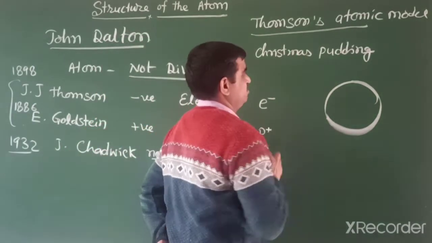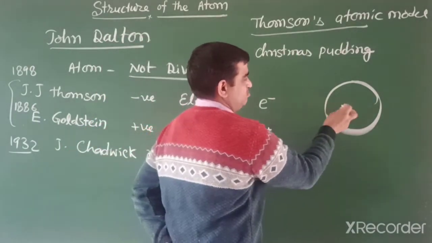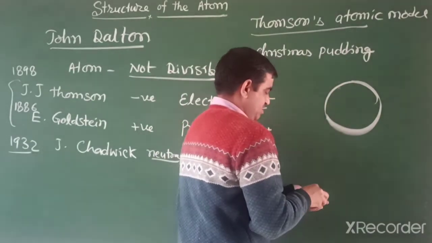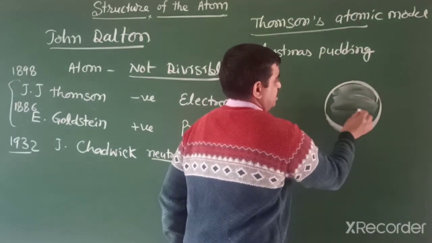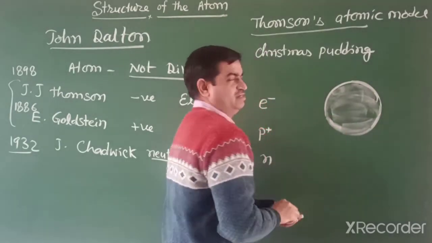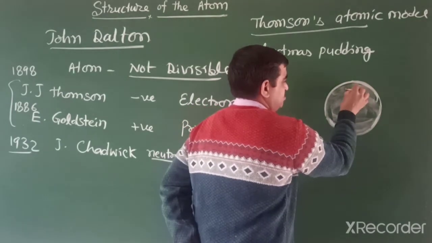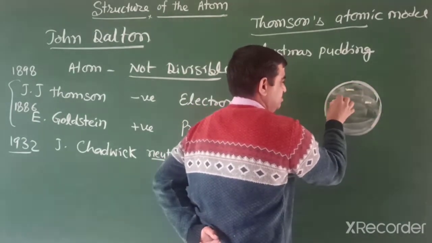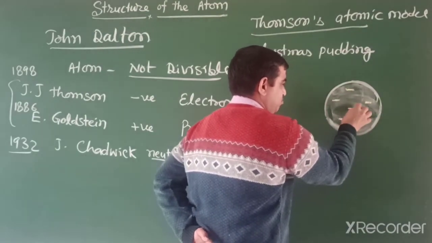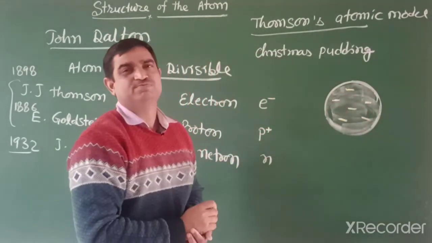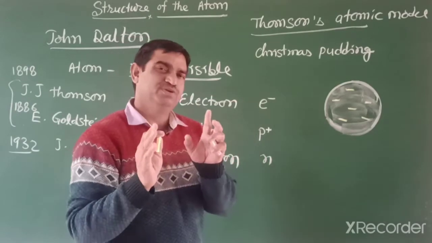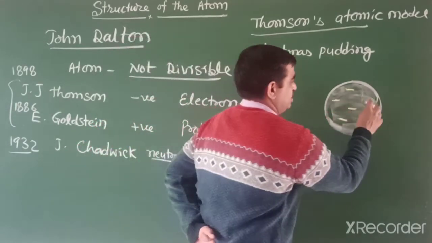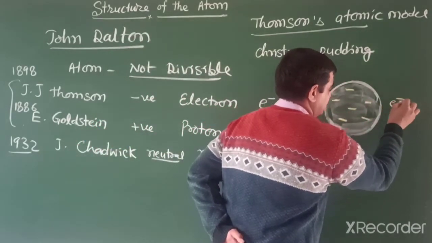In a similar way, Thomson said the positive part is equally distributed in the atom, and the negative part is embedded in this. Overall the atom is neutral, because only two particles were discovered. One is the negative particle, that is electron.